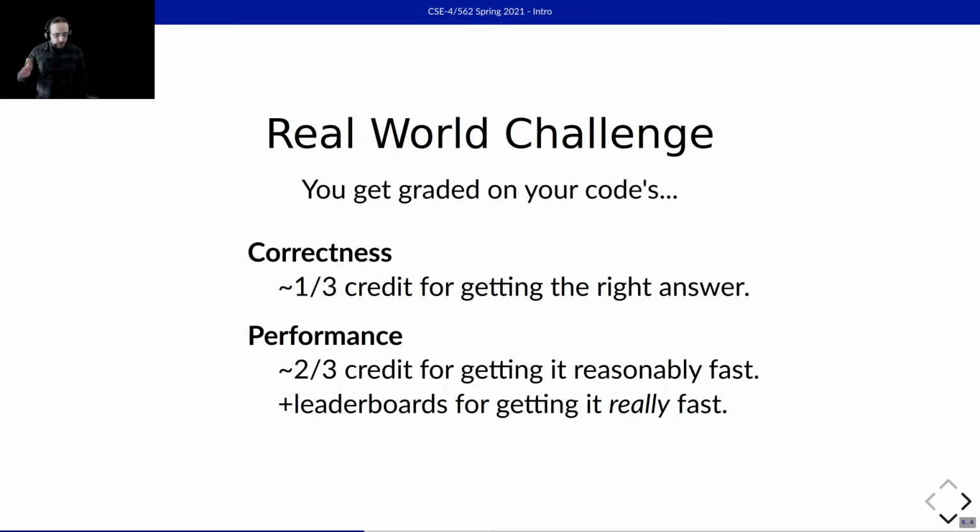We've had some really nice things come out of these leaderboards, like some group discovers this one little hack that suddenly makes their system like 10 times faster than everyone else, and then they become very popular because everyone wants to know how they did it.